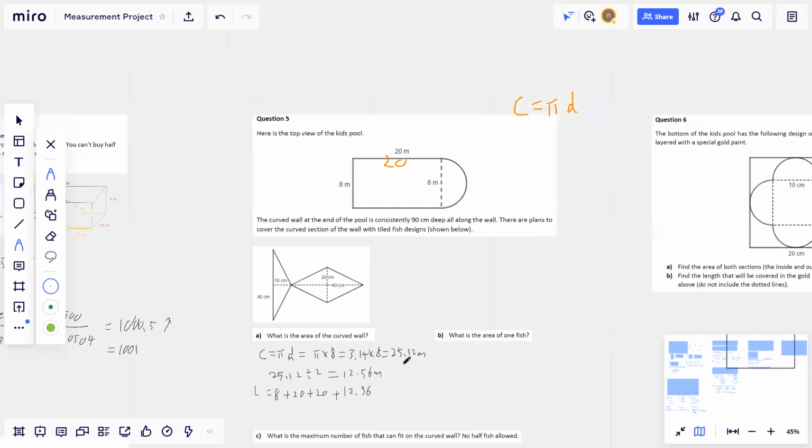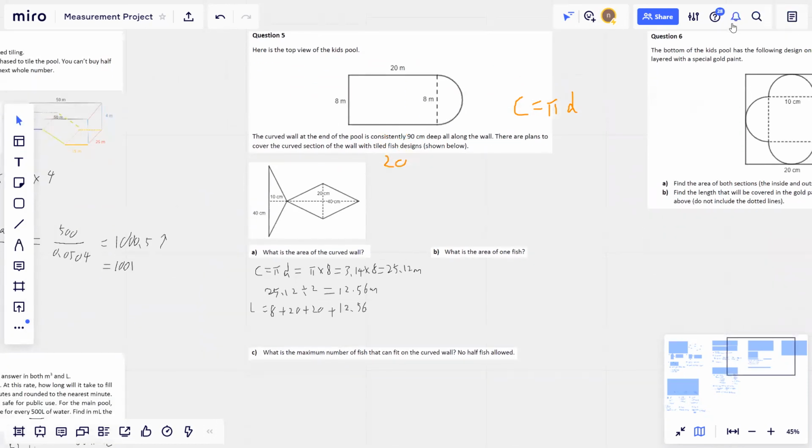I will not calculate the total length for this one, so you need to do the calculation by yourself, okay? Once you get the total length, you times by the depth, which is 90 centimeters, to get the area, but you need to convert 90 centimeters to meters.